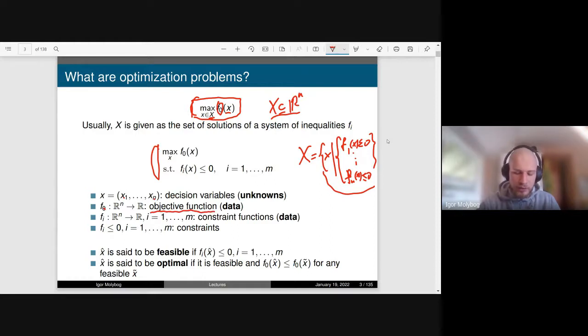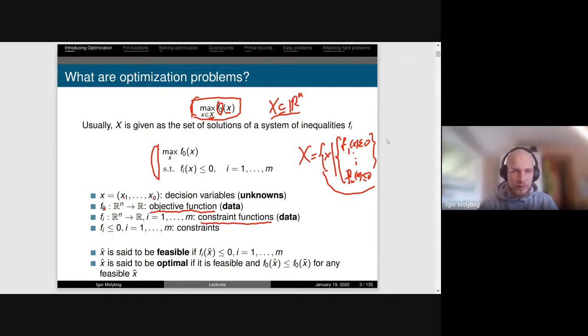The functions through which the inequalities are given to us, the fi's, are the constraint functions, which are also part of the data, meaning that those are given to us as well. We don't have to find them. And the inequalities themselves are called constraints.